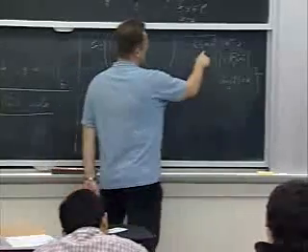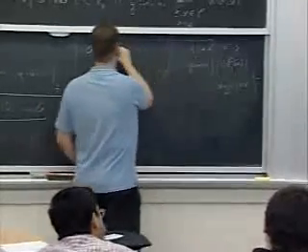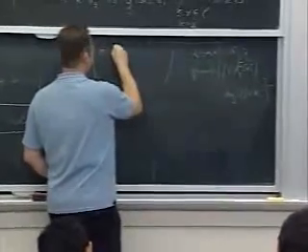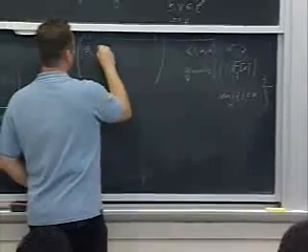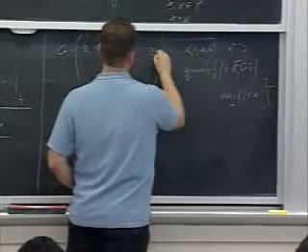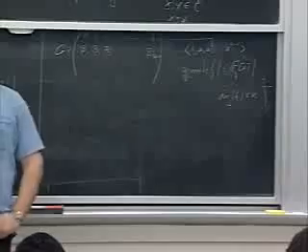Well, 0 gives 0, 1 gives 1, let's write it like this. We evaluate it in all field elements. These are all the field elements.